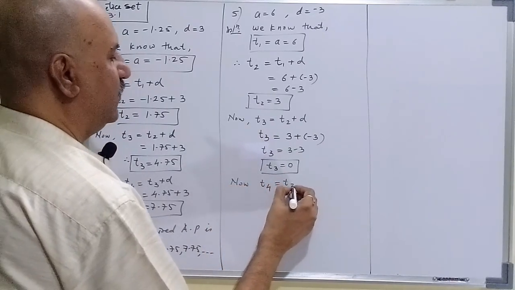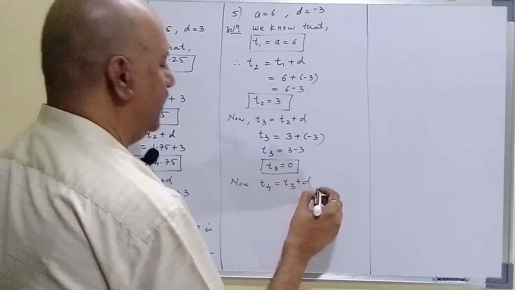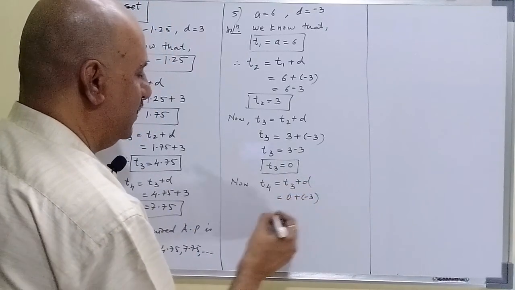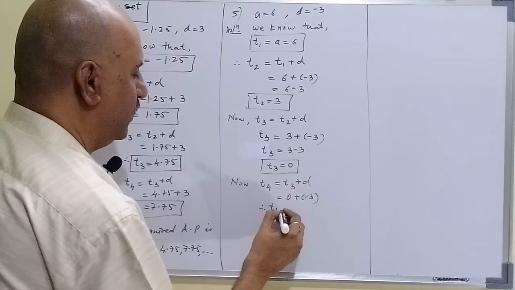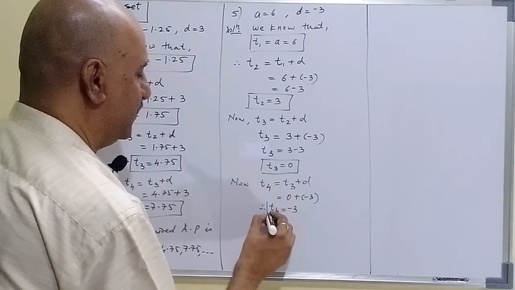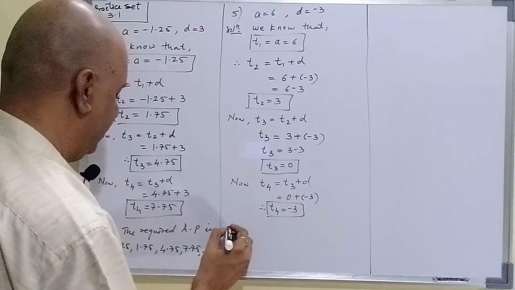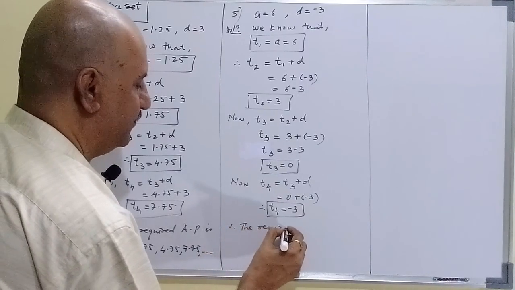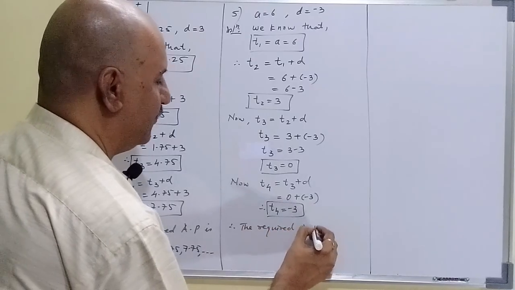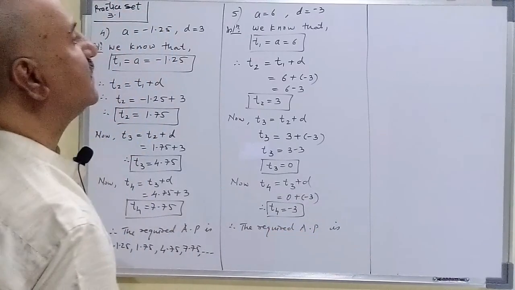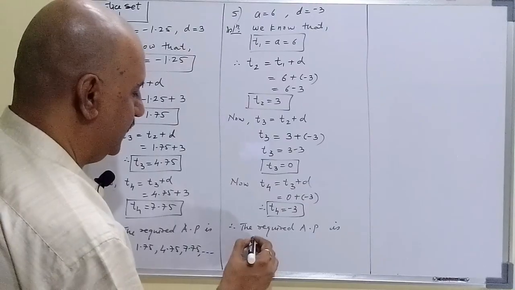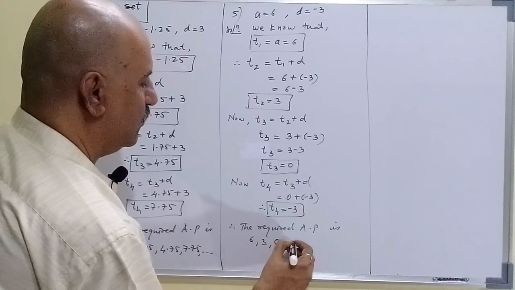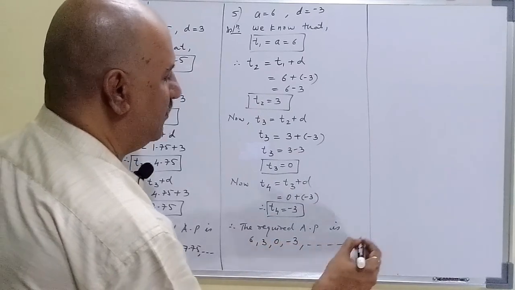T4 equal to T3 plus D. This is 0 plus of minus 3. Therefore T4 is equal to minus 3. Therefore, answer, the required arithmetic progression is 6, 3, 0, minus 3, dot, dot, dot.